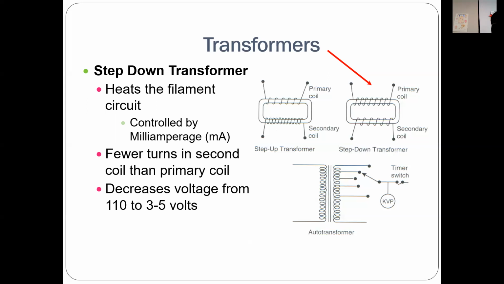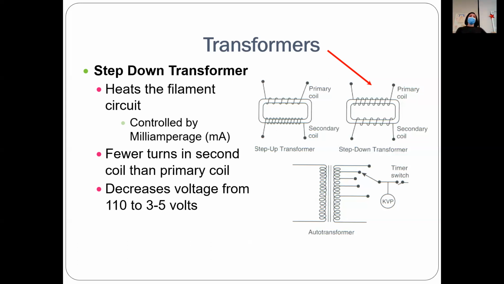It has to step down to give it all it really needs to create those electrons. The coils do that: if there are more turns in the second coil, it's increased energy, increased voltage. If there are fewer turns in the second, it's stepped down.